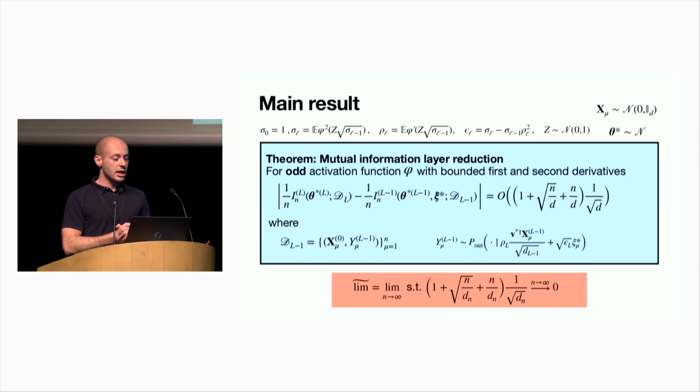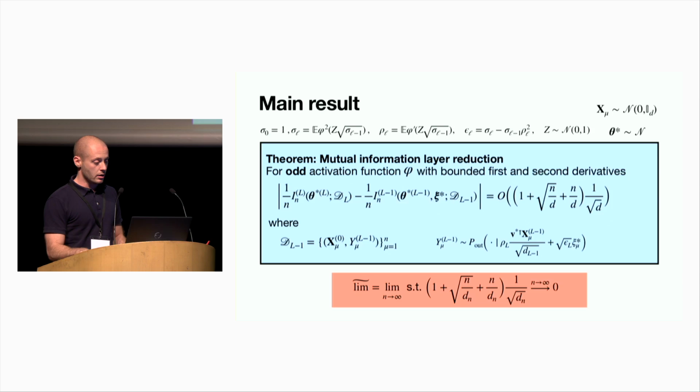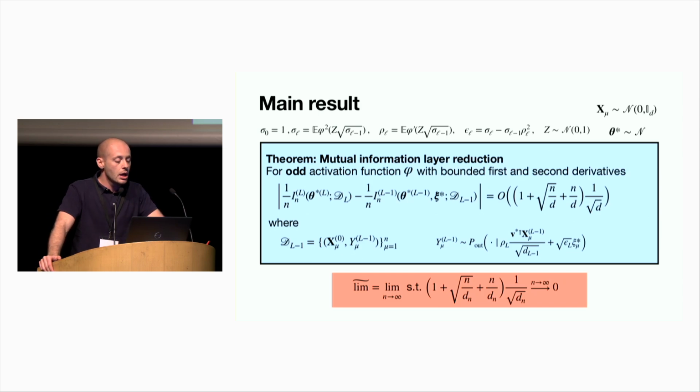The proof of the conjecture comes in the form of this layer reduction theorem, which states the following. If you take white Gaussian inputs and you have a Gaussian prior over the weights of the teacher network, then, taking an odd activation function that is regular enough, what you can prove is that the mutual information, which is the relevant quantity from an information theory point of view, between the teacher's weights and the data set it has produced to train the student can be actually computed with that of another teacher that has one layer less.